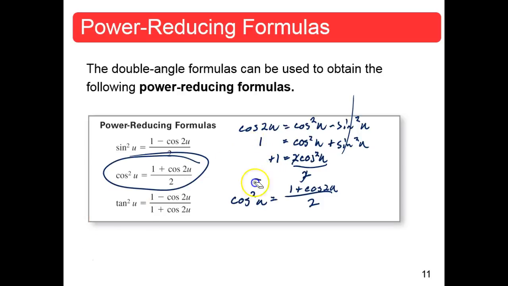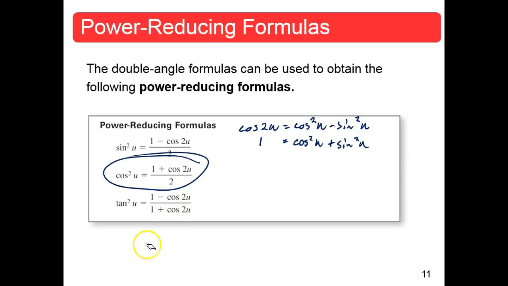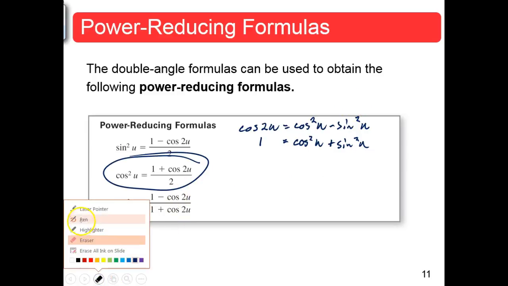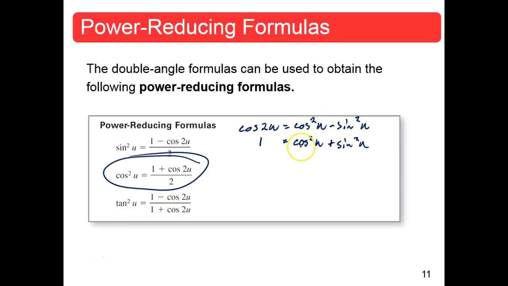Now we're going to start with the same 2 identities that we had before. But this time, I want to eliminate my cosine squared. How can I do that? Actually, I want to write something differently.